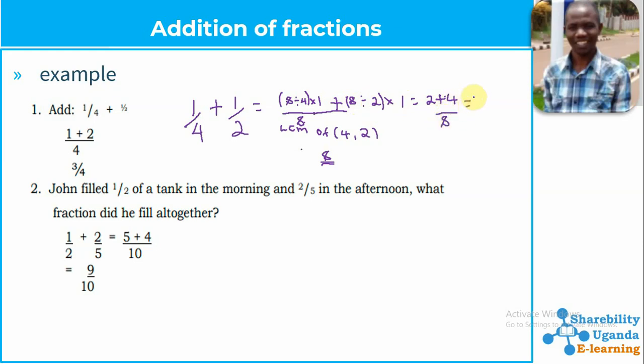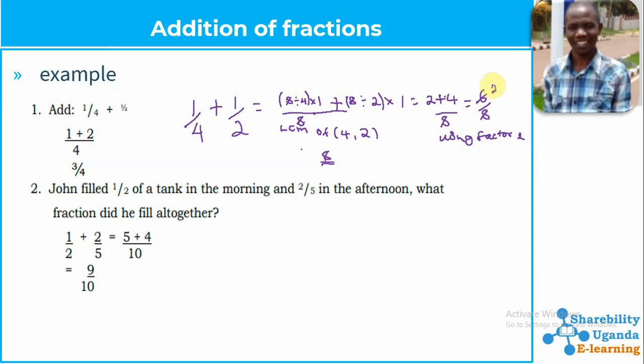So now here we are going to have 6 out of 8. So this is our answer. We can still reduce this number. When we reduce it, we get a factor that can divide 6 and 8, which is 2.